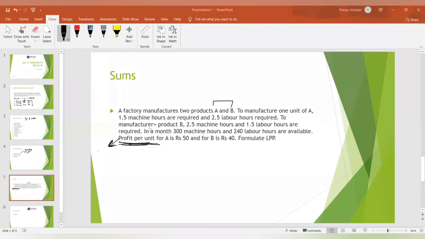Profit per unit is done. Now this all part: to manufacture 1 unit of A, to manufacture 1 unit of B.